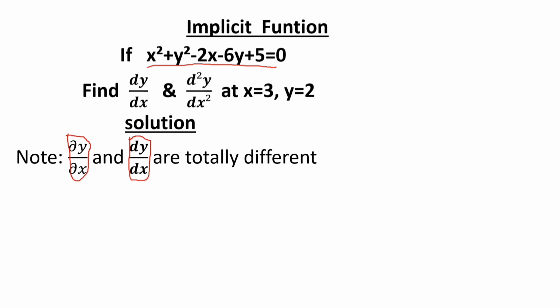They will not tell you whether you have to use partial differentiation or the implicit method, but you should be able to identify it, and that is what I want to show you now. Please, this is very, very important.